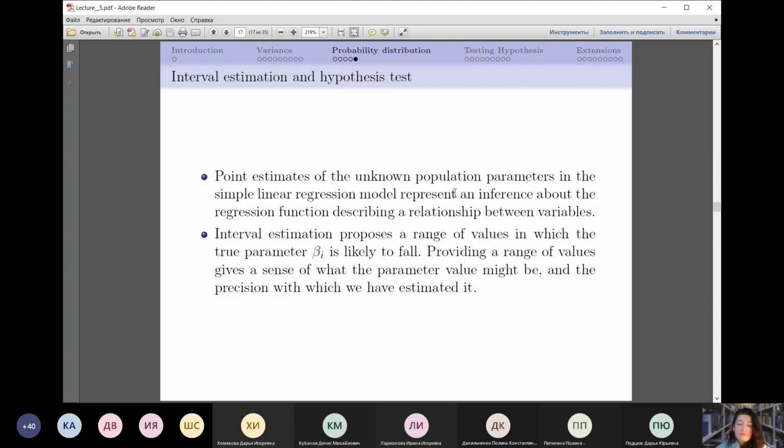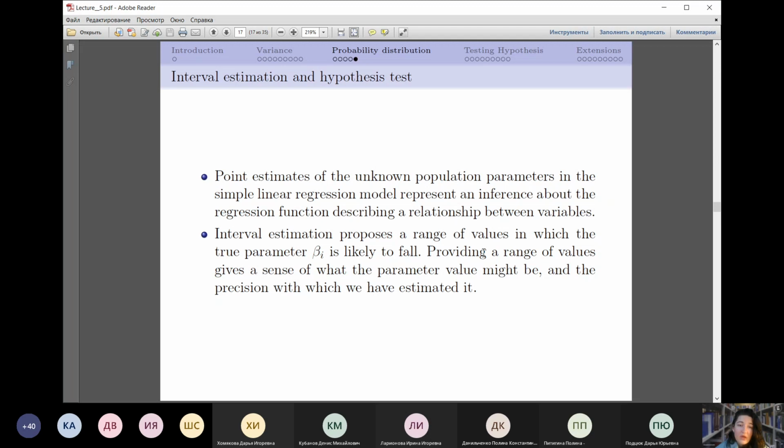And interval estimation, which I hope you remember from the previous course, proposes some range of values in which you can find the true parameter of your coefficient. So you need to provide this range, this interval of values, give a sense of what the parameter value might be, and also give a sense of the precision with which you have obtained this interval and make your conclusion.